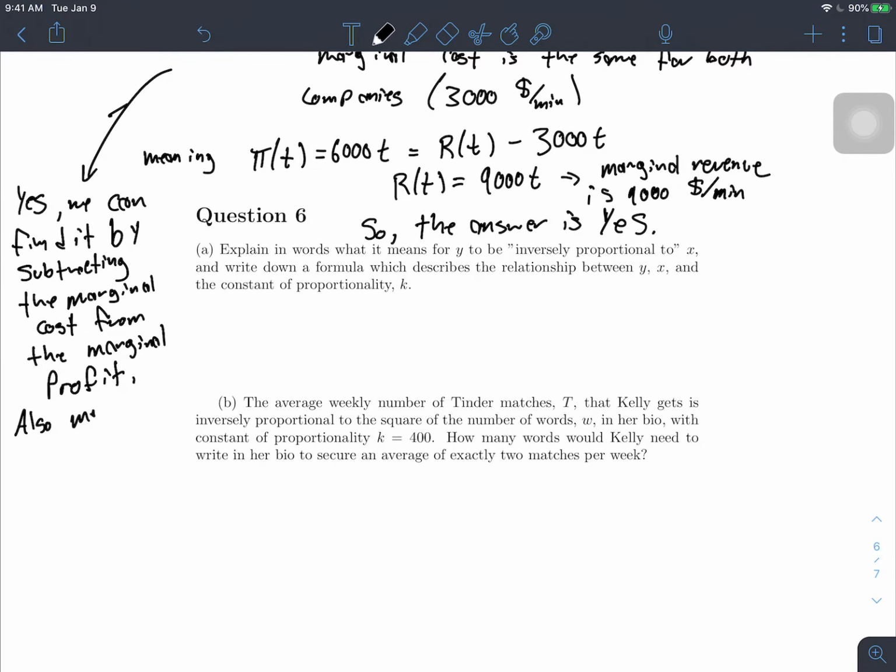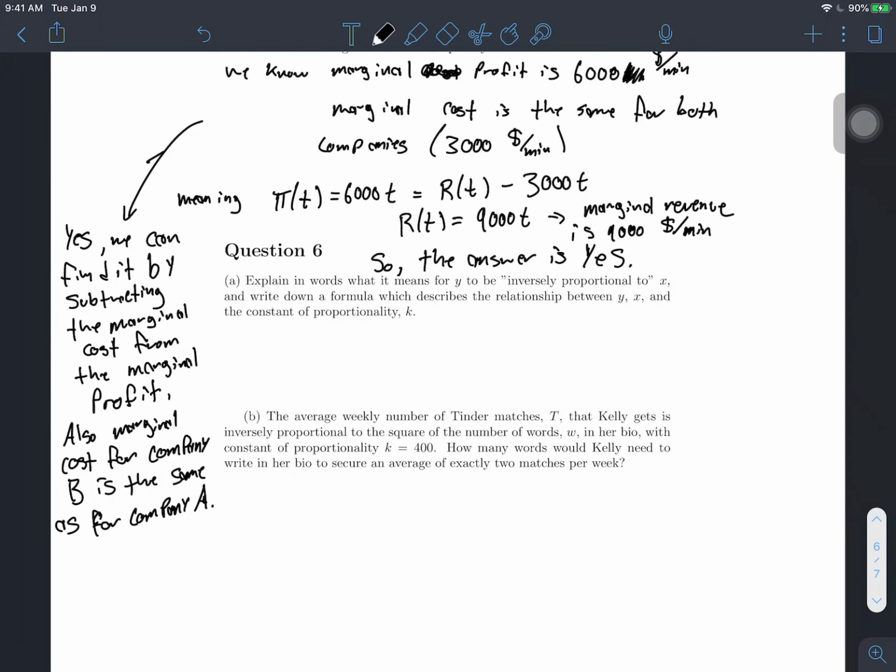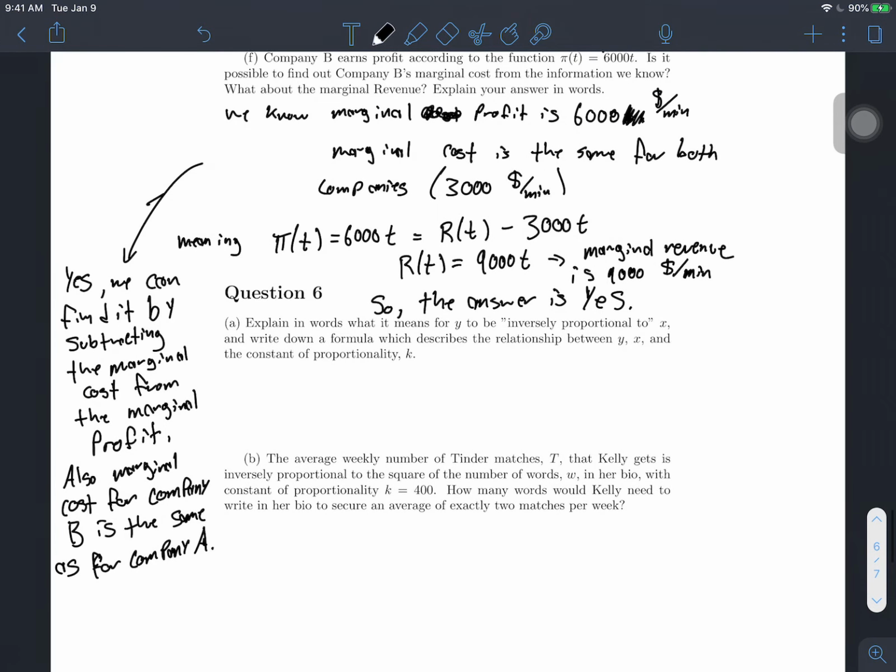Also, marginal cost for company B is the same as for company A. So that's how I would write it in a sentence.